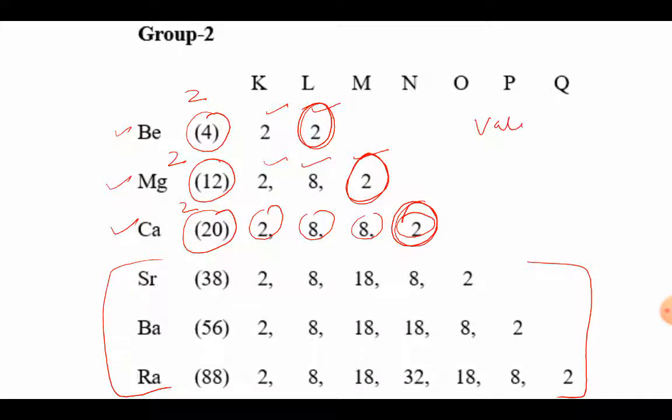So we can say that all the elements of group 2 have valence electrons 2, and we can see it in the rest of the elements also, right? And if the valence electrons are 2, then applying the first rule for valency, the valency also turns out to be 2. So the valency remains the same in a group. So now we have discussed group 2 also.